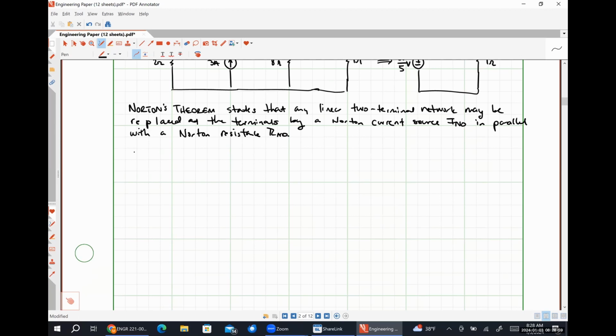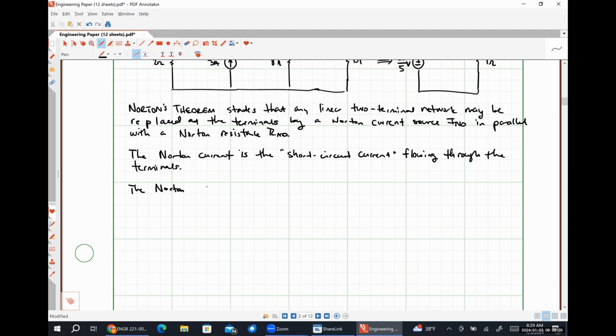The Norton current is the short circuit current flowing through the terminals of the live network.